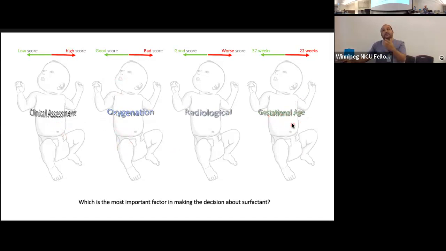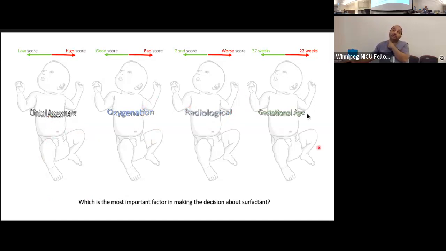So yes, when the four groups of findings are compatible, no one will discuss whether we need to give the surfactant. But the conflict is created when you have good oxygenation and good radiological findings but a poor severity score, for example.